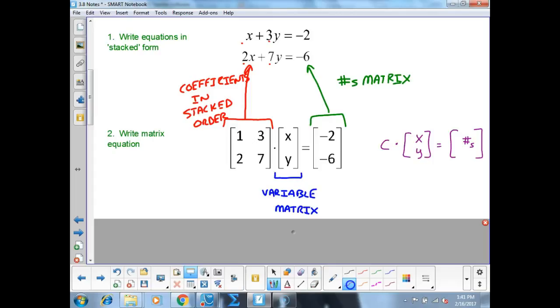We want to get our variables by themselves. So in order to do that, since we can't divide matrices, but we can multiply by inverses, I am going to multiply on the left side by the inverse of matrix C.